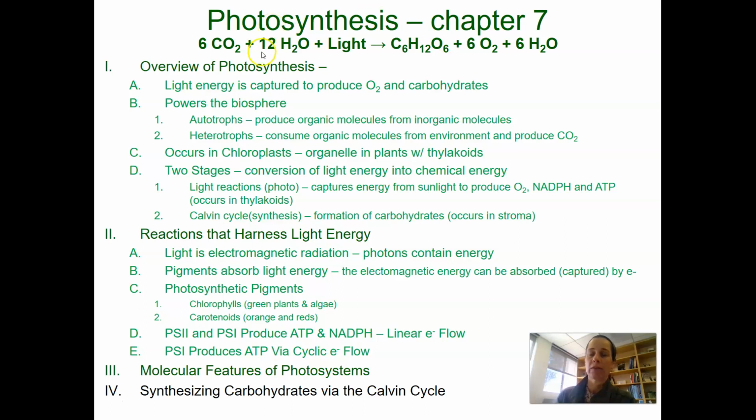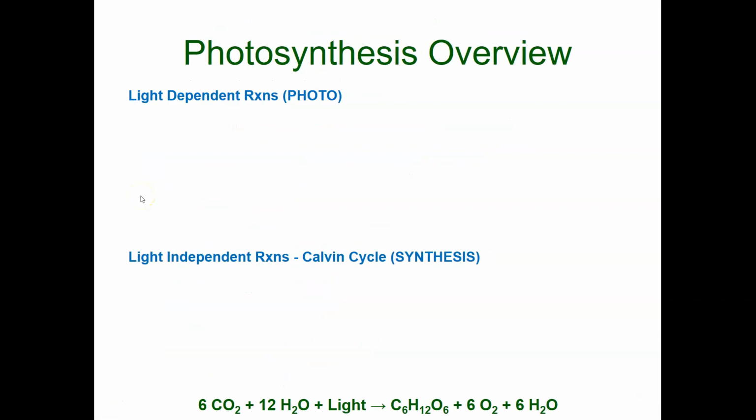And now we're going to focus for the remainder of our time on how we actually make something like a carbohydrate such as glucose by using inorganic carbon as our starting material. What we've previously focused on is, again, the light-dependent reactions, which are taking place inside of the chloroplast, specifically within the thylakoids.